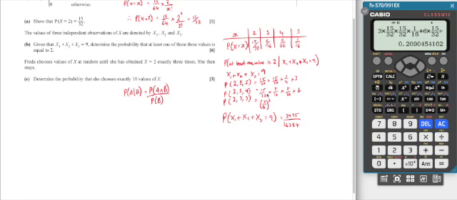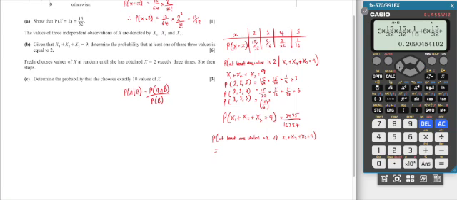So let's do that then. Probability at least one value equals 2 and x1 plus x2 plus x3 equals 9 is, it's going to be, the probability is going to be those first two rows added up.